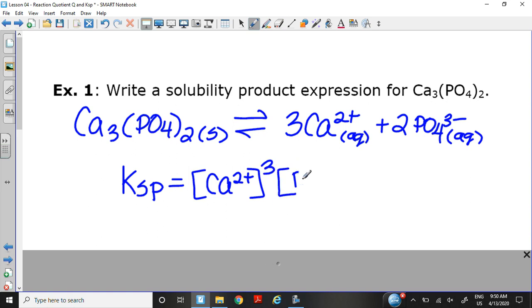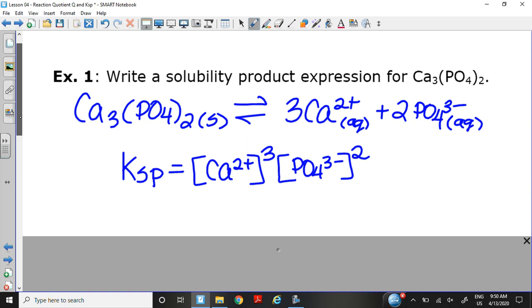Next to it goes phosphate, so PO4, 3 negative, and then make sure you put a 2 in for the coefficient that's there. So if you're just asked to write a basic solubility product expression for a salt, that's all that you need to do. Write out your equation for dissolving, then write your KSP. Do not include the solid for the salt.